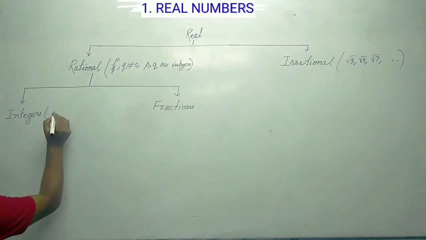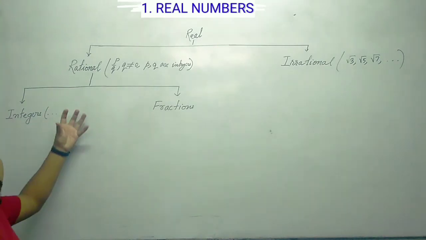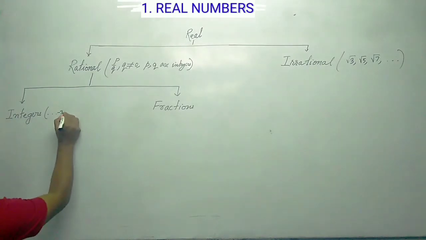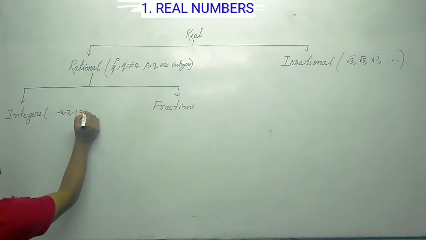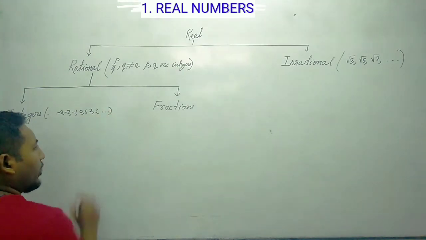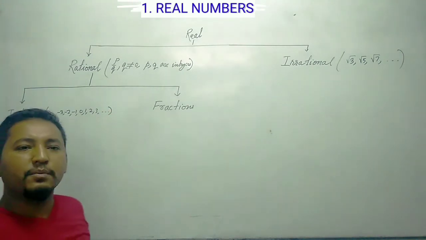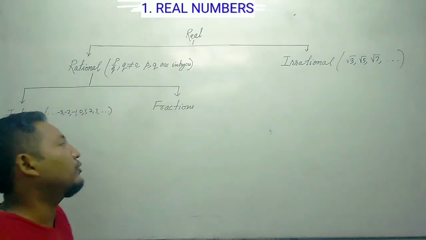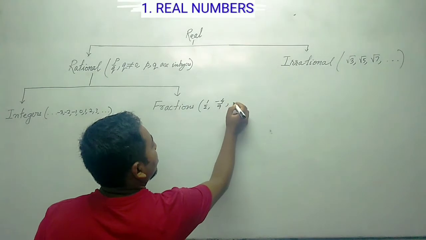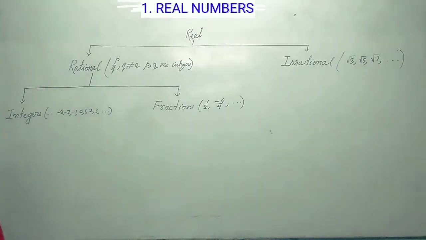Integer means the collection of negative numbers, positive numbers along with 0. I write -3, -2, -1, 0, 1, 2, 3 and so on. What are fractions? Fractions means anything which is in the form of p by q. Example, 1 by 2, -4 by 9 and so on.